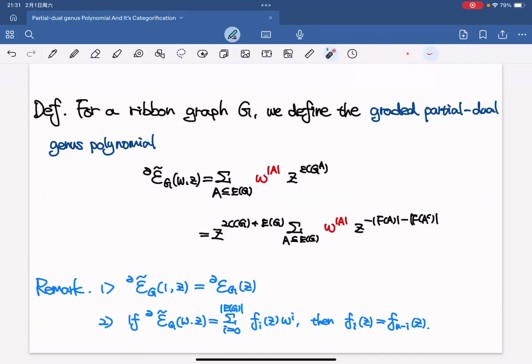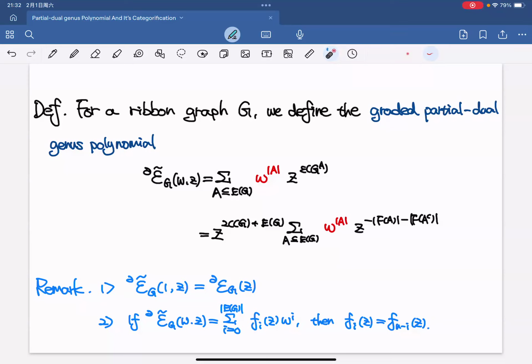The graded partial dual genus polynomial can be regarded as a refined version of the partial dual genus polynomial. So this is the definition. For a ribbon graph, we can introduce a two variable polynomial in this way. We add a new variable w here, and the sum is taken over all the subsets of the set of edges.